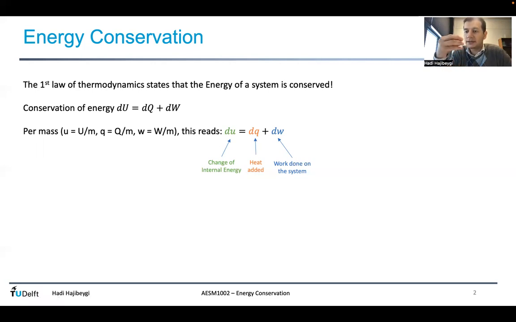That unit mass internal energy will change only if some heat exchange takes place with that system or work is done by it or on it as well.